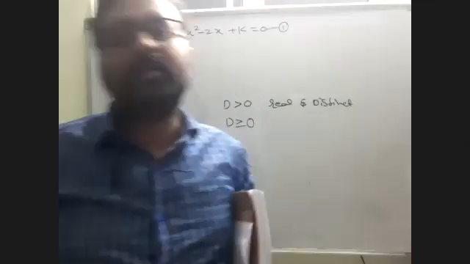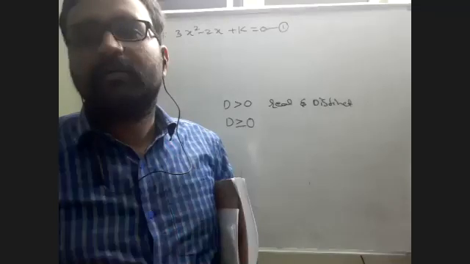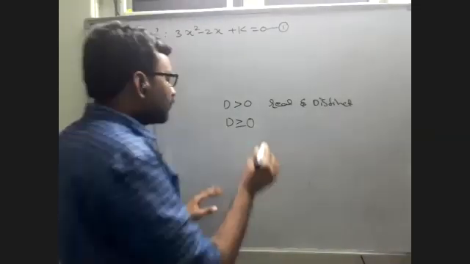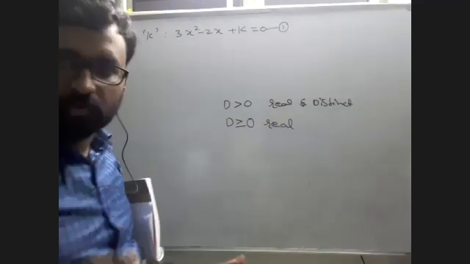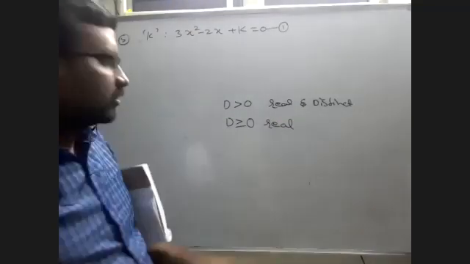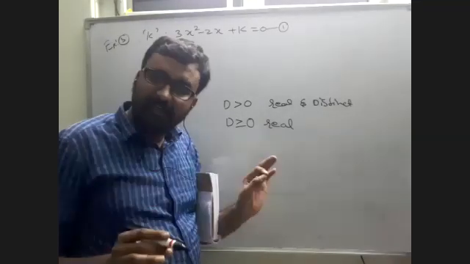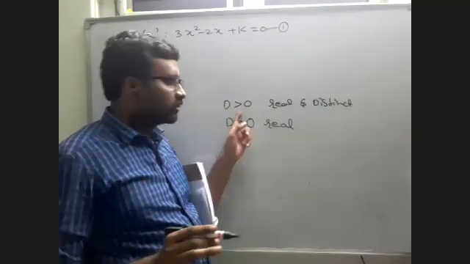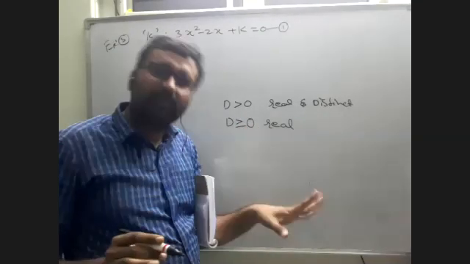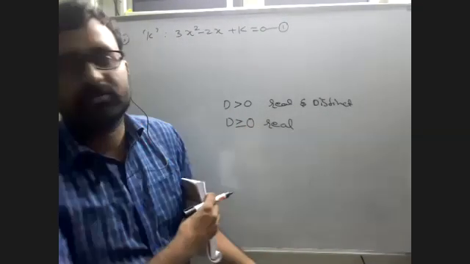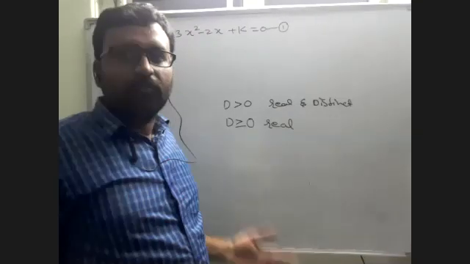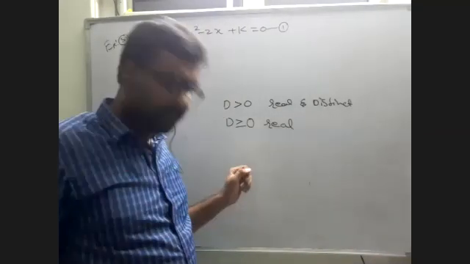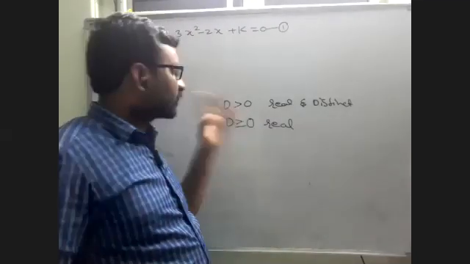Why? Because 0 is also real. I am not saying equal, I am saying only real. If I say find the real roots, you have to take this. If I say find real and distinct, you have to take greater than 0. If I say find equal roots, as in the previous question, delta equal to 0 we have to take.